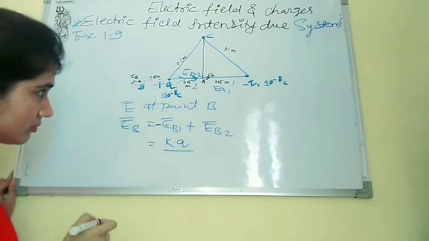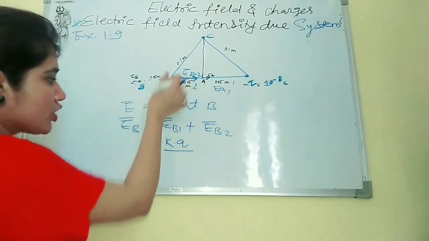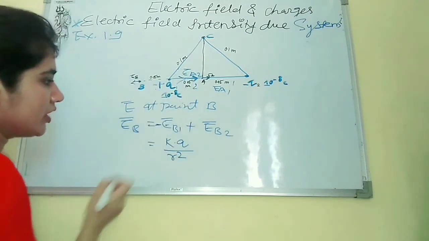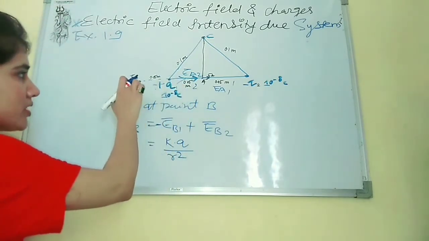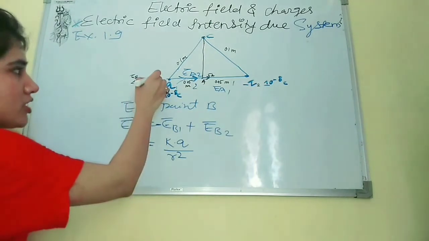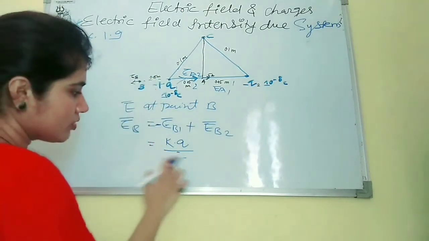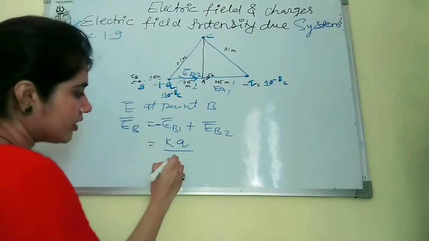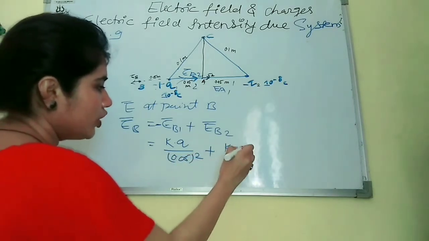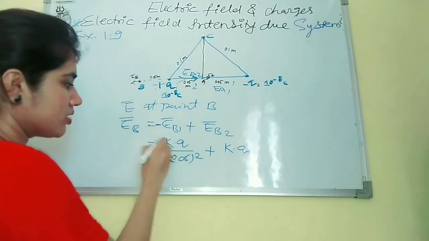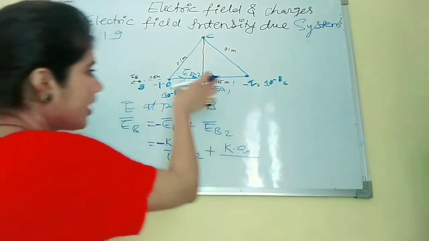Okay, now we will put the value for EB1, that is K into Q upon R square. The value of R is from this point to this point, that is 0.05. So directly we will put the value, that is K Q upon 0.05 square, plus K into Q, that is in minus, upon R square.